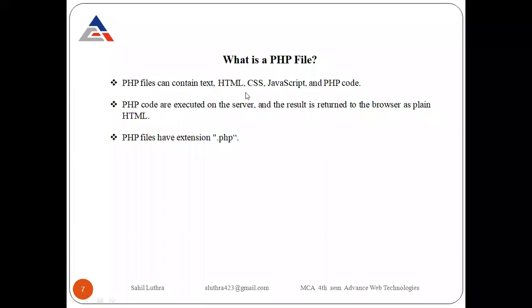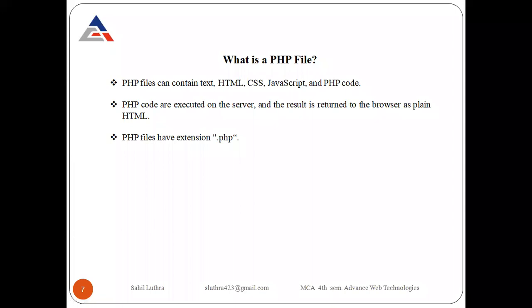After that, HTML, the tags or the GUI interface of the PHP file. After that, CSS, cascading style sheets, is also included in your PHP file. After that, JavaScript, the program of JavaScript is also written in the PHP file. And the last one is the PHP code, the PHP code which you want to execute really.